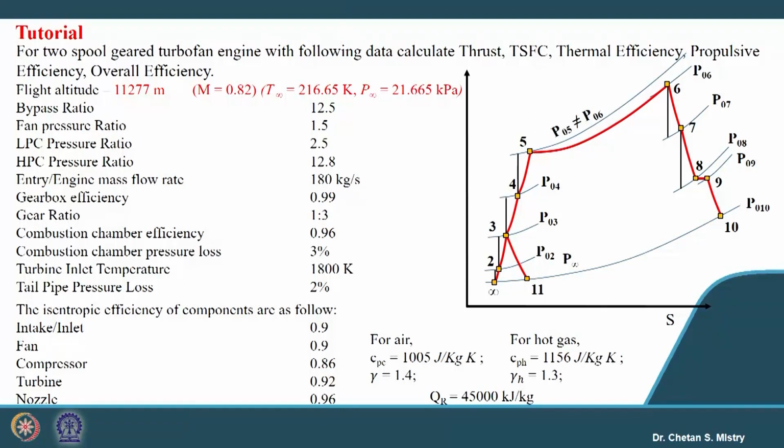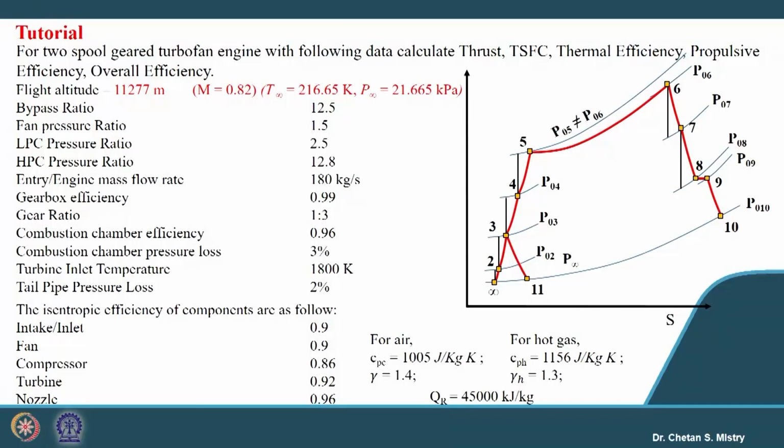The fuel has a calorific value of 45,000 kilojoule per kg. The Cp values for both air and hot gas are given, and the specific heat ratio is 1.4 for air and 1.3 for the hot gas.